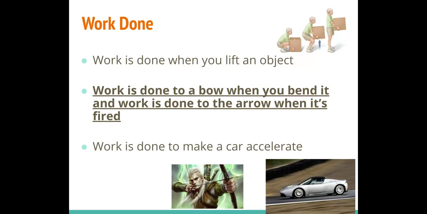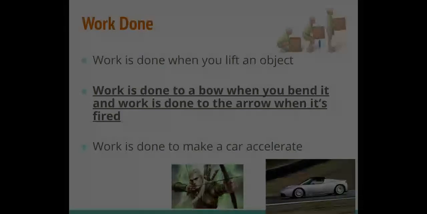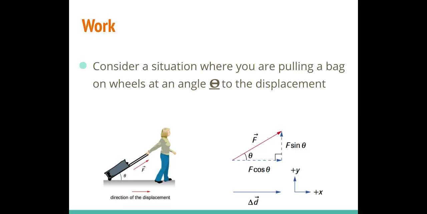Work is also done to make a car accelerate. There you have an engine, a whole system that is continually adding a force and propelling, in this case, a car forward. Now consider a situation where you're pulling a bag on wheels at an angle of theta to the displacement, which you've already worked on. This was number 4 in your homework yesterday. If you notice, it's just basic trigonometry again.